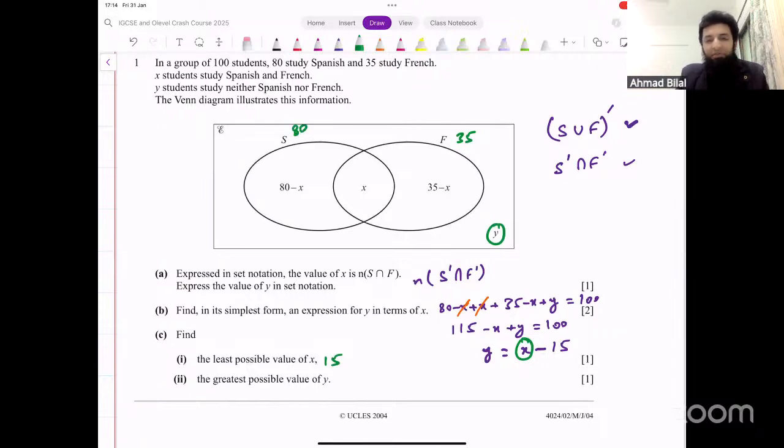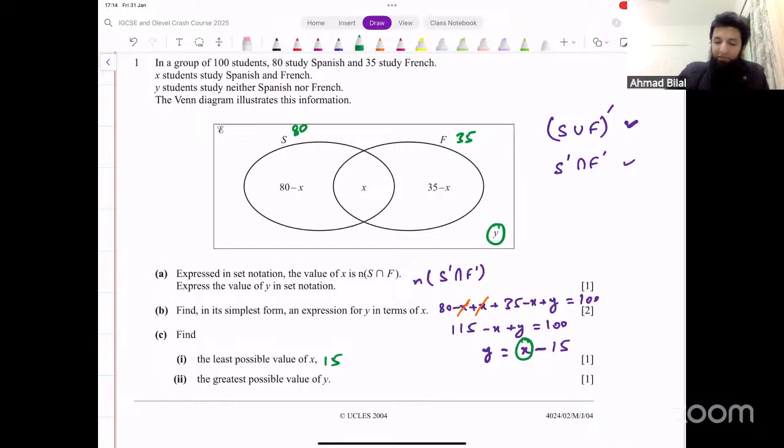What's the maximum number of common values that they could have? F has 35 values. The largest possible number that could be in the intersection is 35, that all of these 35 students are also studying Spanish.